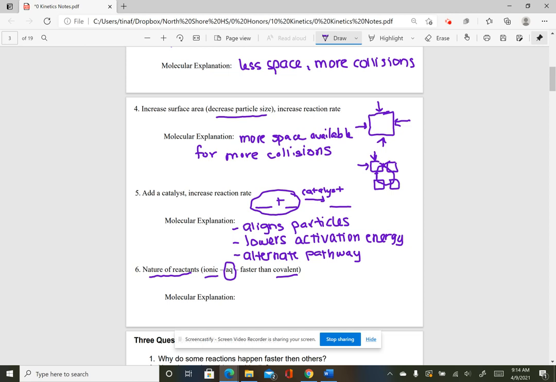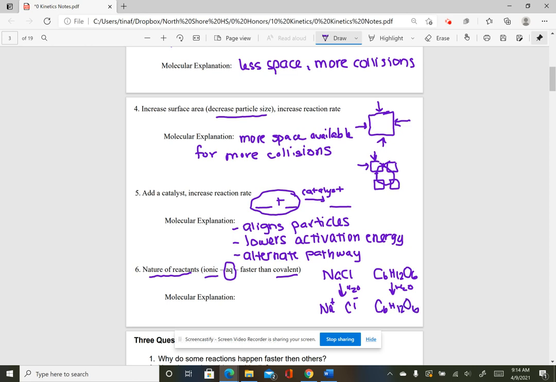So think about what happens when you take something ionic and dissolve it in water, like salt, versus when you take sugar and dissolve it in water. So I'm going to take NaCl versus C6H12O6. When I dissolve this in water versus when I dissolve this in water, what happens? My NaCl breaks up into ions, and my covalent compound, my sugar, stays one piece.